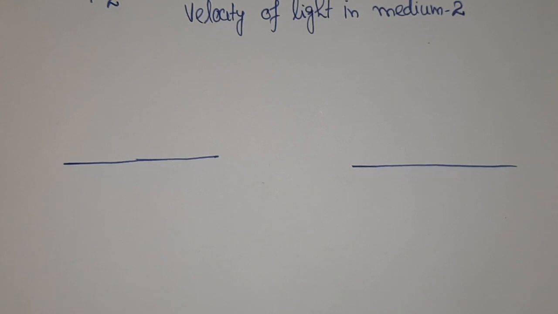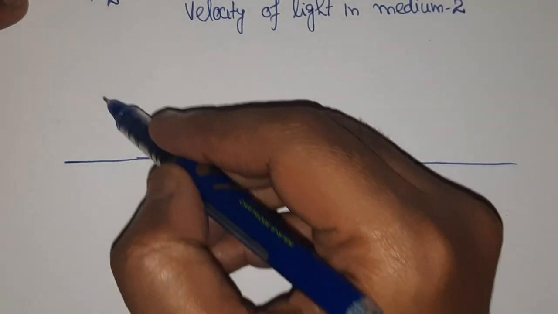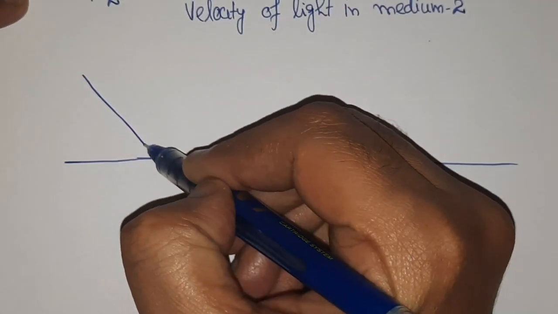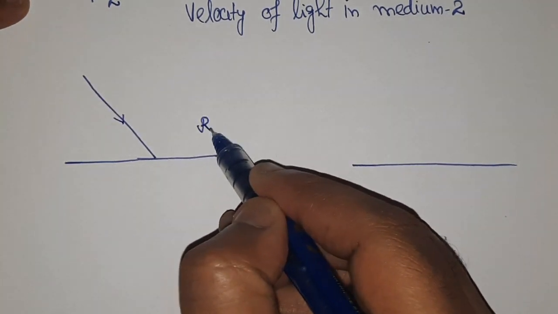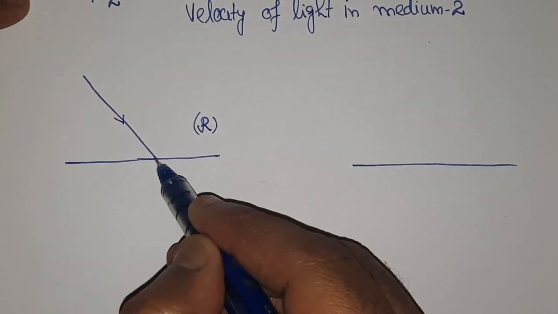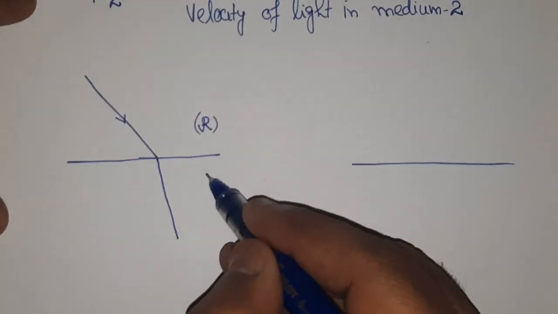Now to understand things better, let's take some situations. Suppose the light is going from a rarer medium to a denser medium. It is going towards the normal.